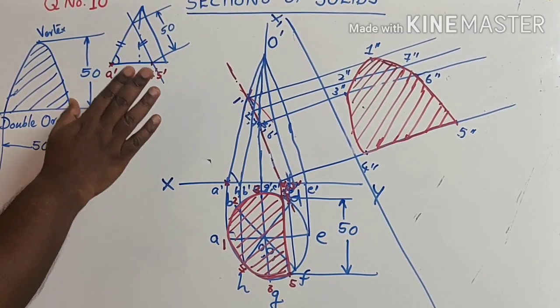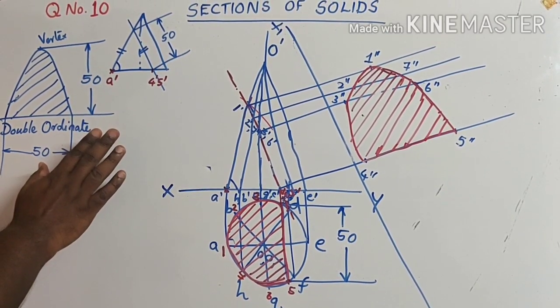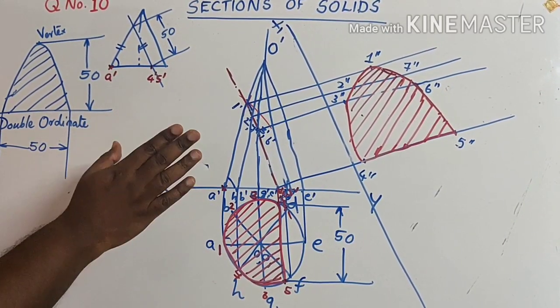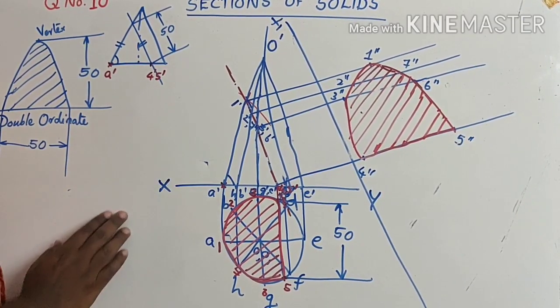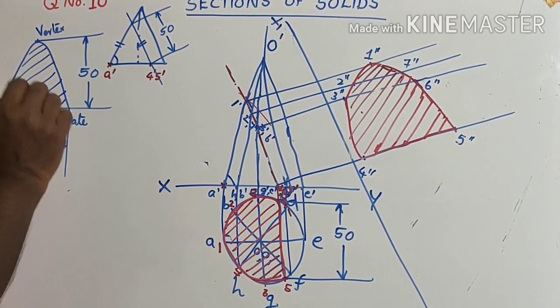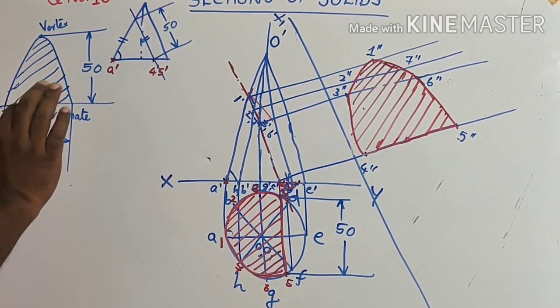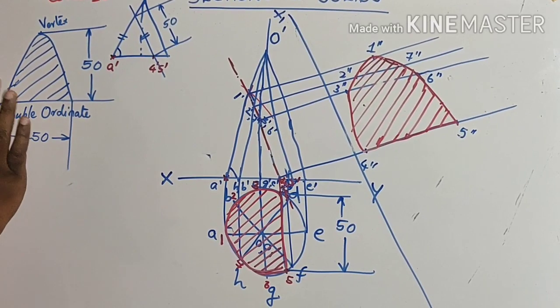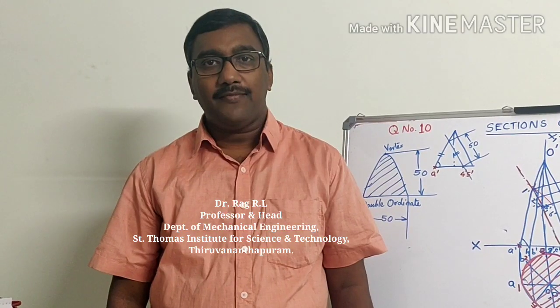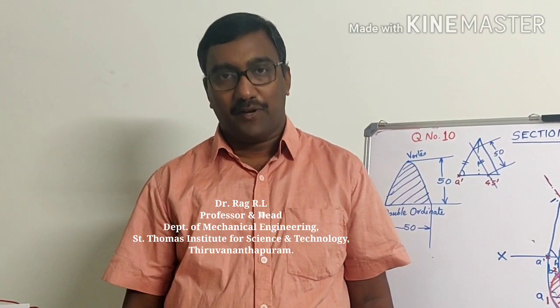So compared to the last problem, this one is also exactly similar to that one. Only thing is you have got a parabola as a section. That is the only difference between the last problem and this one. By this we are concluding the sections of solids.